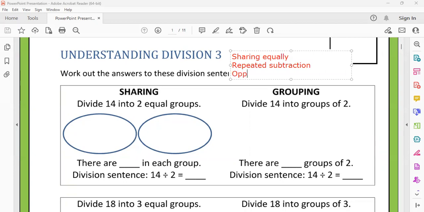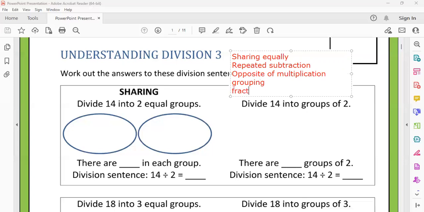Division is also the opposite of multiplication, or the reverse. And of course, you can also understand division as grouping objects. And guys, fraction is also division.